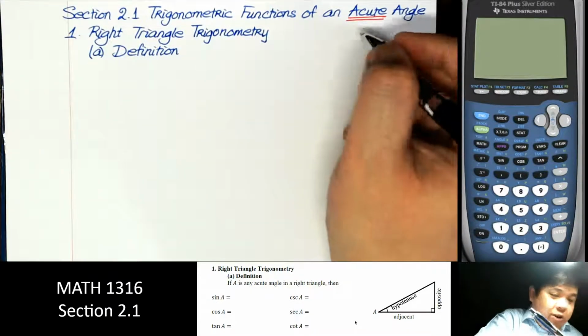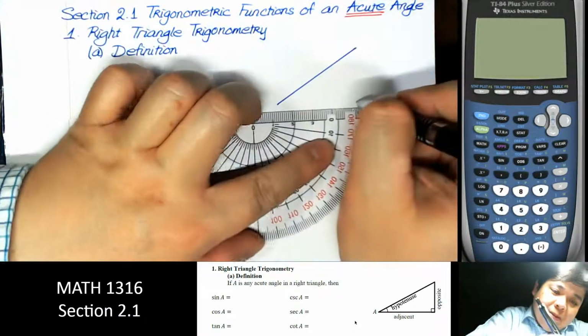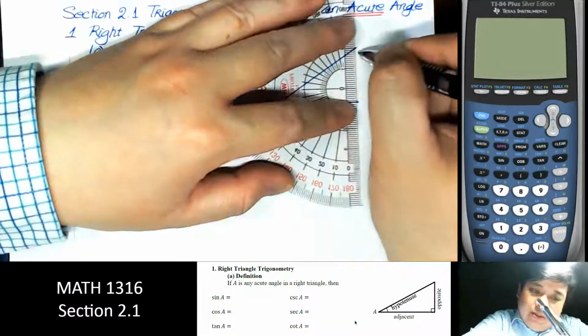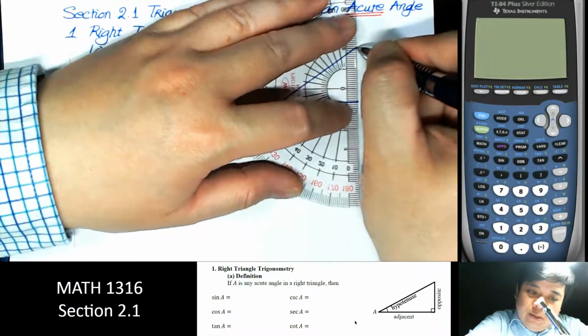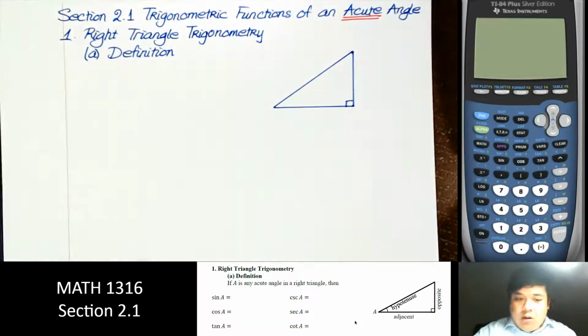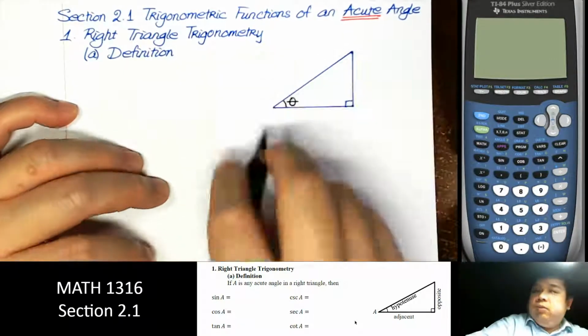So let's draw a triangle here. We have an angle theta.